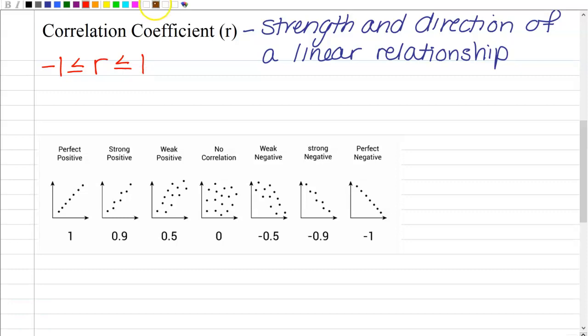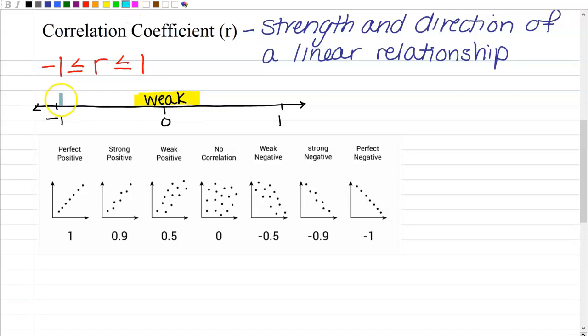If we think about a number line, we'll put 0 in the center, -1 on the left, +1 on the right. If values of R are close to 0, we say that those values represent a weak correlation.